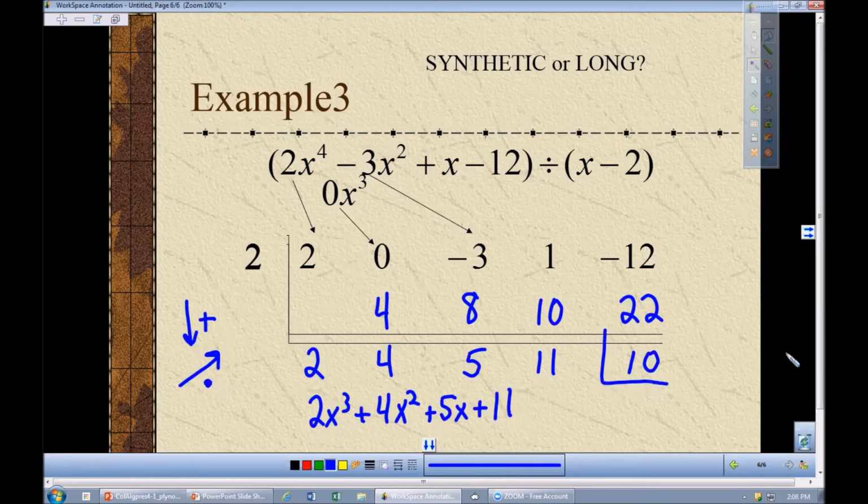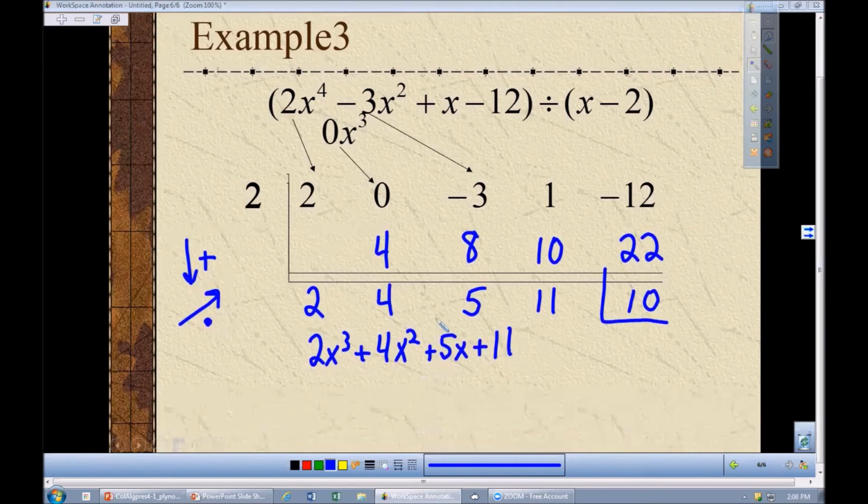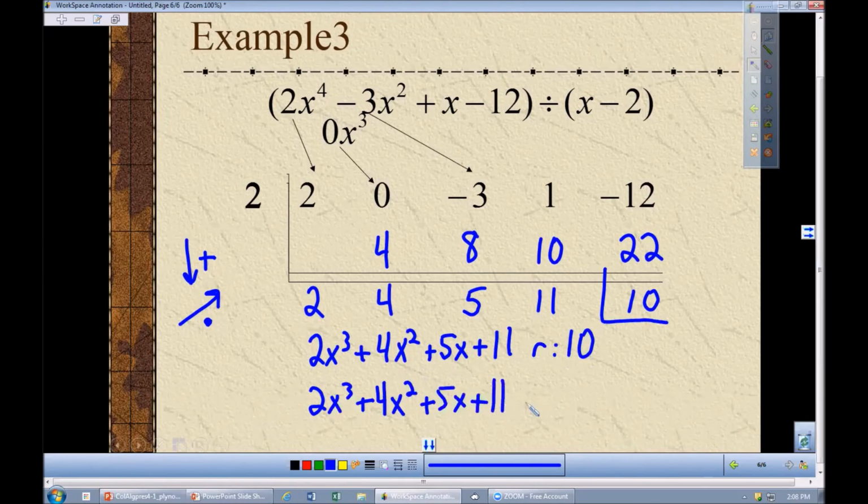This last number we've got here, that's our remainder. So we can either write remainder 10, or this quotient 2x cubed plus 4x squared plus 5x plus 11 plus 10 over x minus 2. Taking that remainder and writing it above the divisor.